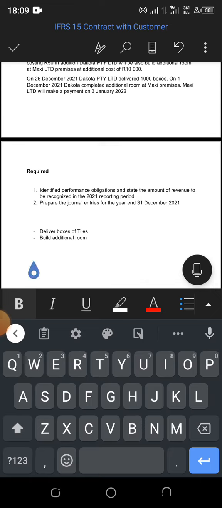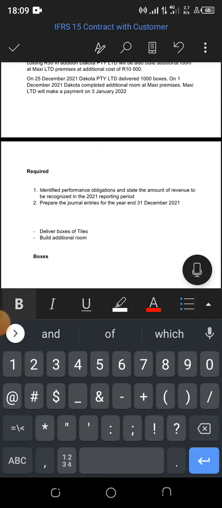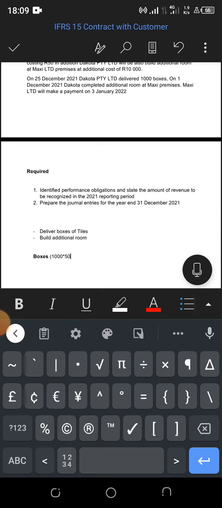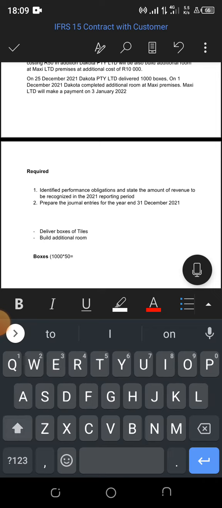Okay, then after that, let's allocate the price. Boxes, remember, is 1,000 boxes, which we have to multiply by 50 Rand per box, which means that you're going to get the amount of 50,000.